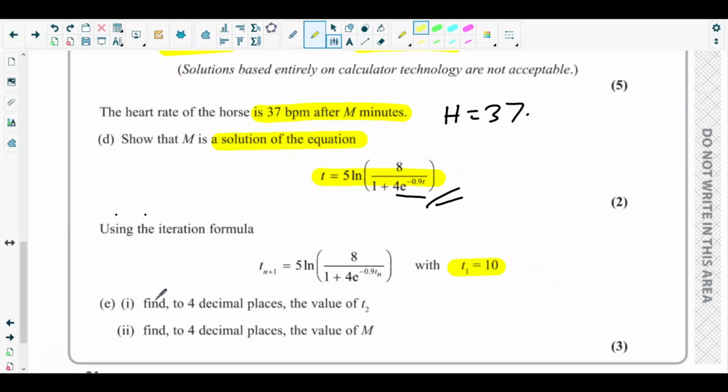Part E1 is asking to find, to 4 decimal places, the value of t2. Okay, we need to find out the second term of this iteration method. So t1 is known, right? So we need t2.